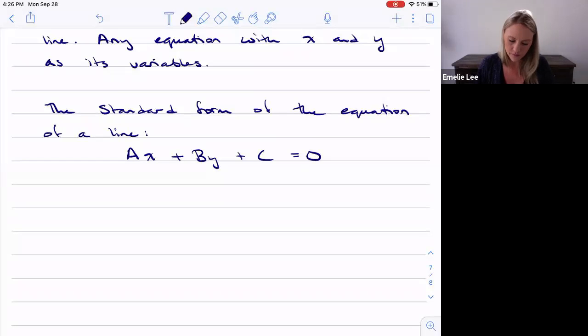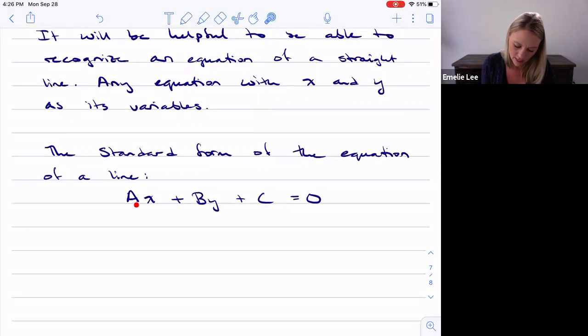Just looking at this, A, B, and C are real numbers, so they can be anything. But like I said, it's any equation with x and y as its variables. So if you're able to collect like terms and regroup things into the format of Ax plus By plus some constant, then you're looking at a straight line and at solutions on this straight line, presumably.